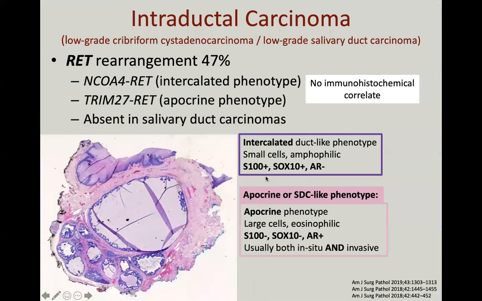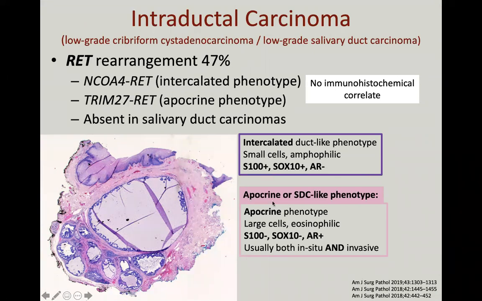Okay. Moving into our intraductal. So remember I said this was the one that kind of was like almost a breast, like an intraductal carcinoma or an atypical ductal hyperplasia type of thing, where these are always within a duct bounded by the confines of a myoepithelial cell layer. A lot of these have RET gene rearrangements. There, as far as we know, is no immunohistochemical correlate to this gene rearrangement. Sometimes these tumors show intercalated duct-like phenotypes.